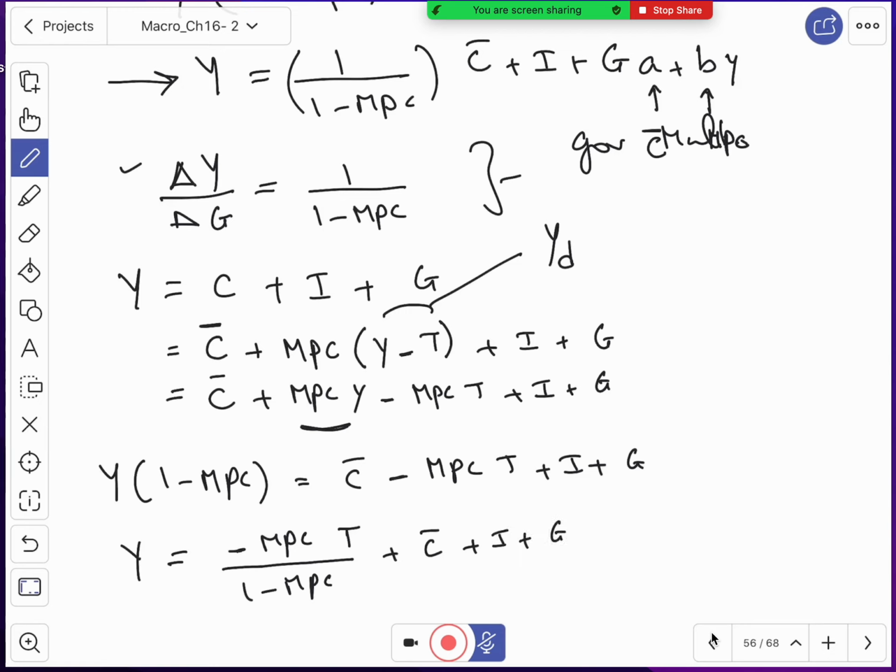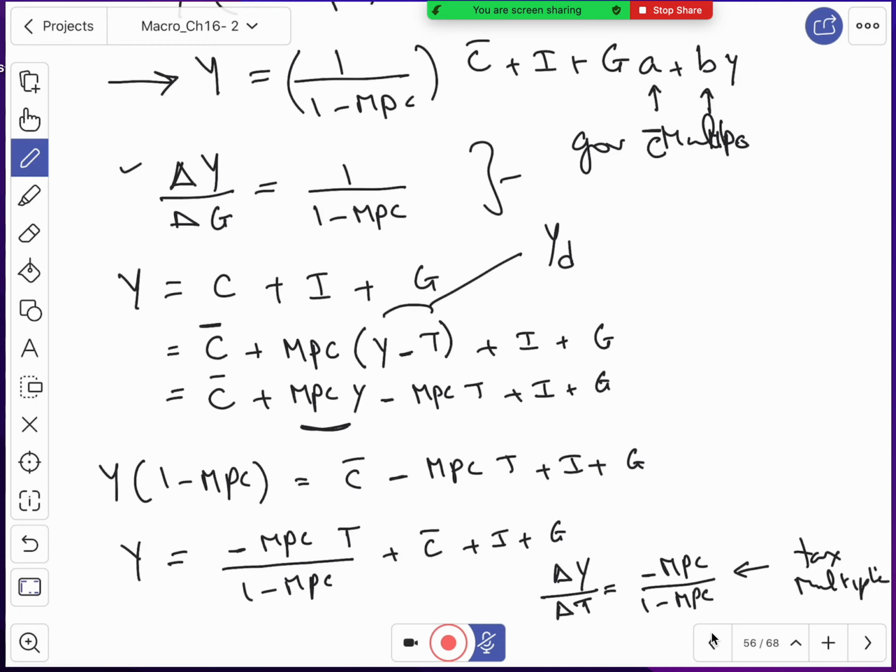And out of that, we can say that the change in Y because of the change in a tax amount is going to be equal to minus MPC over 1 minus MPC. And this we call the tax multiplier.